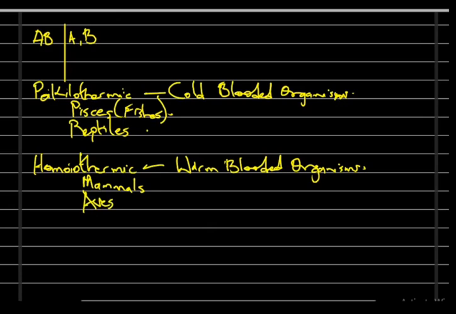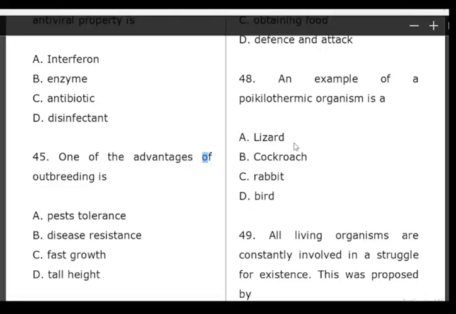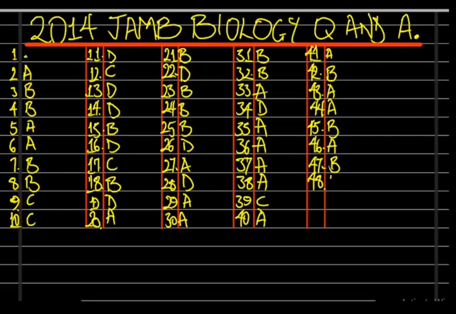So for poikilothermic organisms, they are cold-blooded organisms. So let us see the options that we have there. Lizard, yes, lizard is an example of a reptile, so it is a poikilothermic organism. Cockroach, rabbit, and bird are not cold-blooded organisms, so they are not poikilothermic. So the answer there is option A.